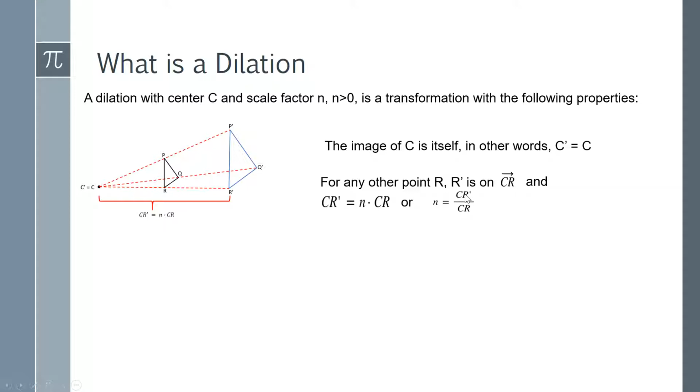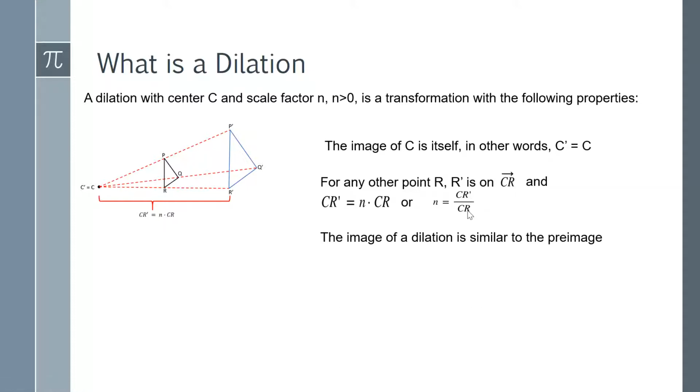And n will equal the distance from C to R prime divided by CR. In other words, you're going to find the length of the image and divide it by the length of the pre-image. That's how you're going to find the scale factor.